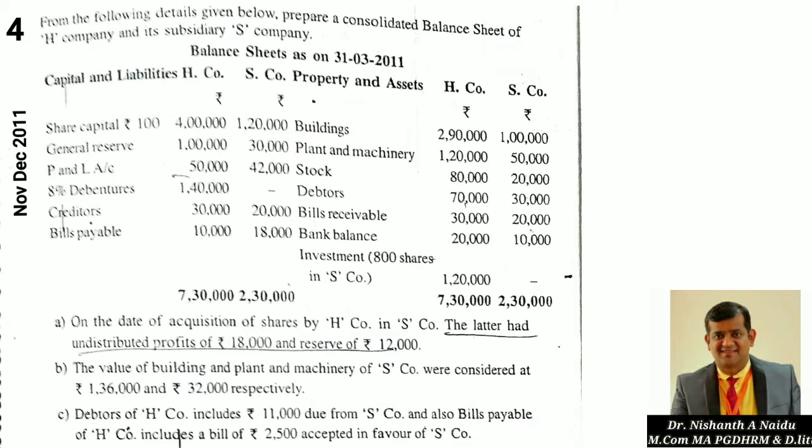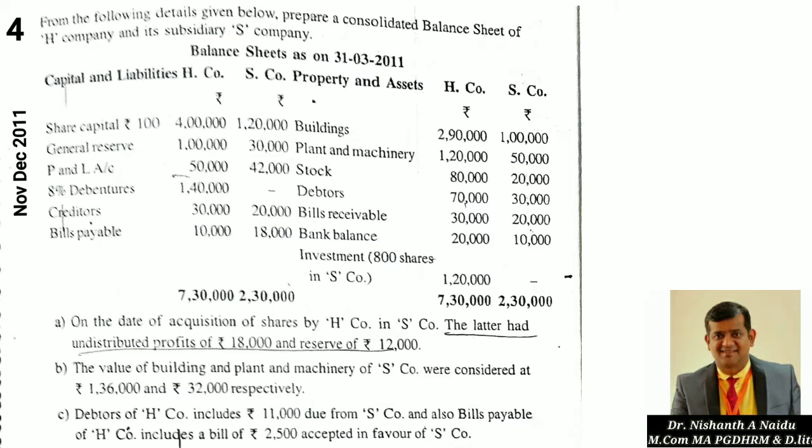P&L account rupees 50,000 for H company limited, 42,000 rupees for S company limited. 8% debentures rupees 1,40,000 in H company limited. Creditors rupees 30,000 in H company limited. Bills payable rupees 10,000 for H company limited and 18,000 in S company limited. Creditors 30,000, 20,000. Bills payable 10,000, 18,000.